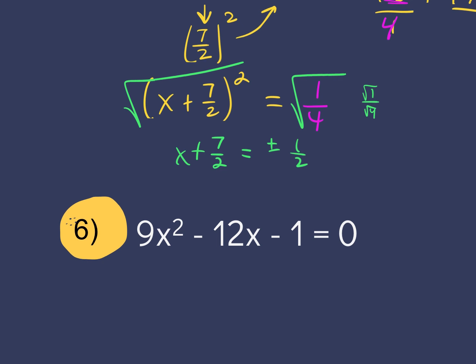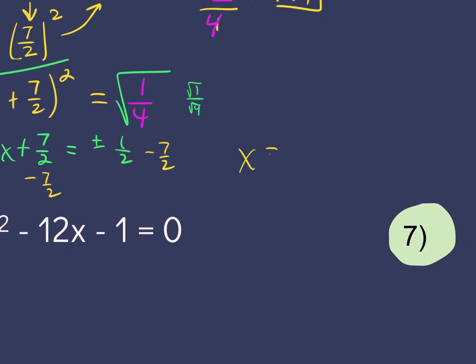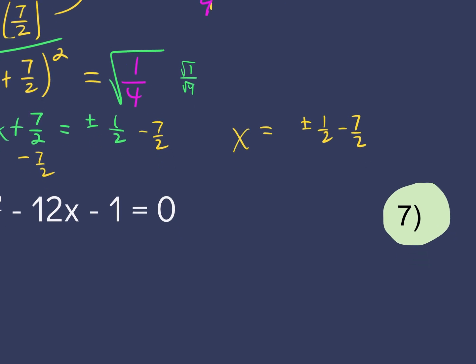And then what's my next step? I want x by itself. I'm going to subtract 7 over 2. So minus 7 over 2. Guys, when you get to this point, I have x equals plus or minus 1/2 minus 7 over 2. Do not leave that. This is two answers here. This is positive 1/2 minus 7/2. And this is negative 1/2 minus 7/2.